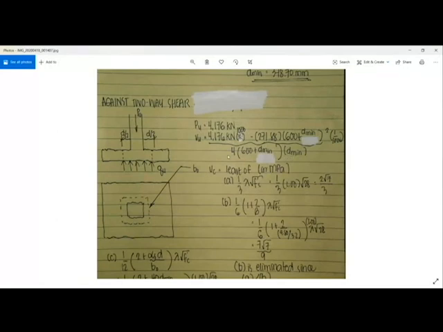Okay, we equate Vu to phi multiplied by Vc.